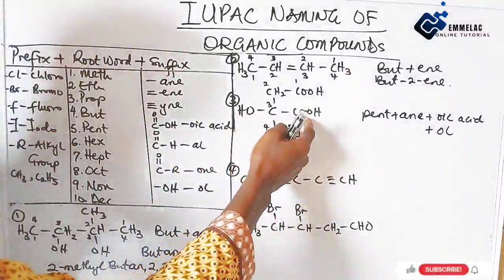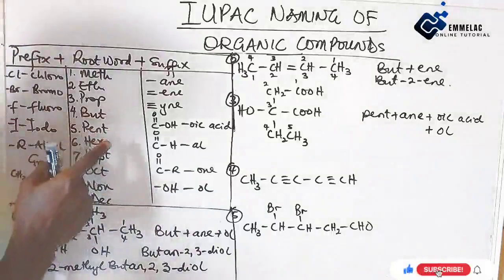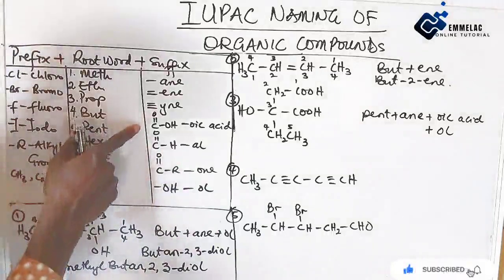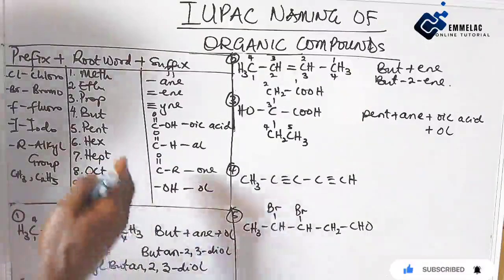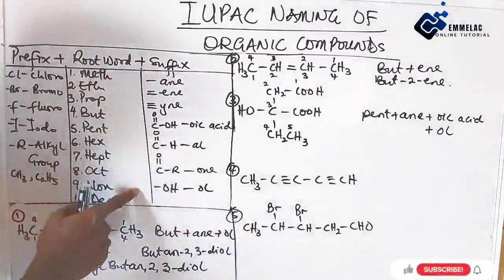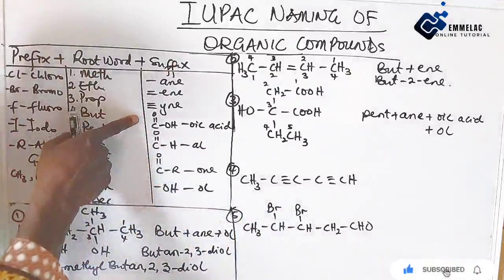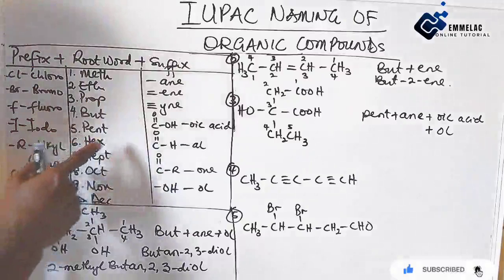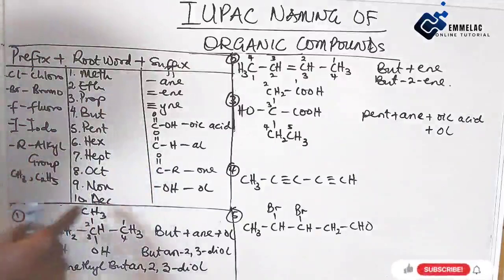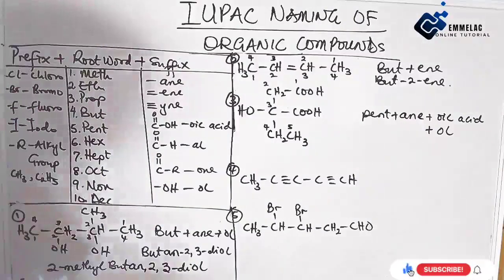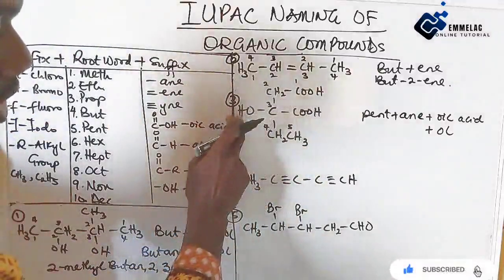Here, from the hierarchy, there is what we call the hierarchy, or the priority of ranking. It starts with the alkanoic acid, which is the carboxylic acid, then the hydroxyl, which is the alcohol. So here we say this is 3 carboxyl, now 3 hydroxyl.